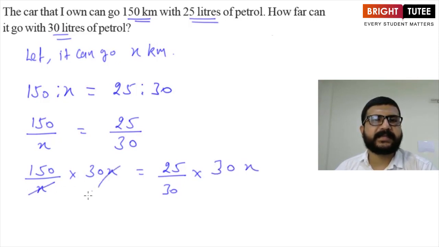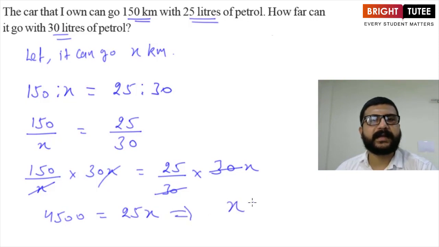Now from here this x and x got cancelled. 30 and 30 are also cancelled here. Now what is 150 into 30? It will be 4500 is equal to 25 into x, that is 25x.